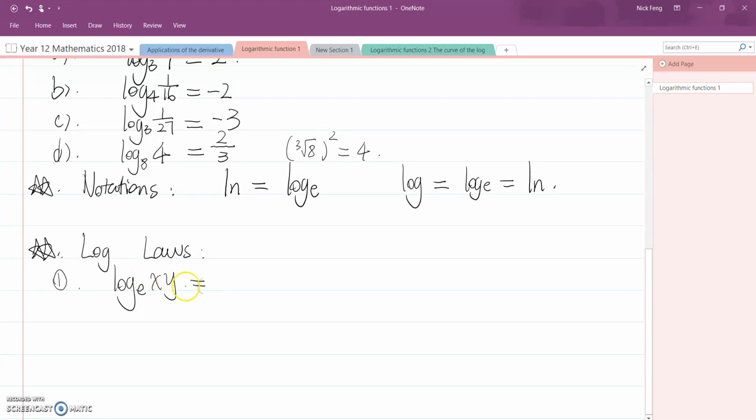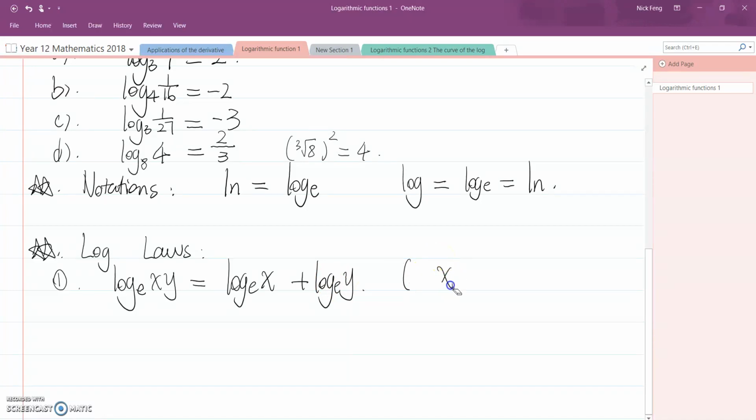If I have a product inside the log, that means you can expand it with an addition. So log base e of x times y equals log base e of x plus log base e of y.